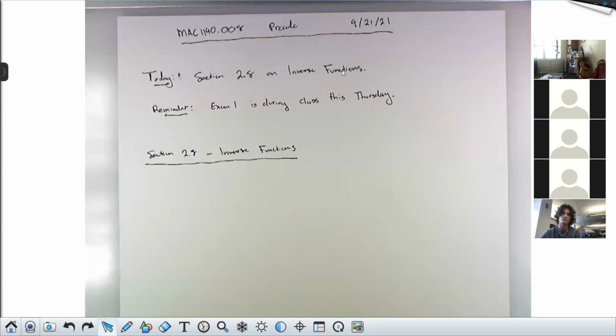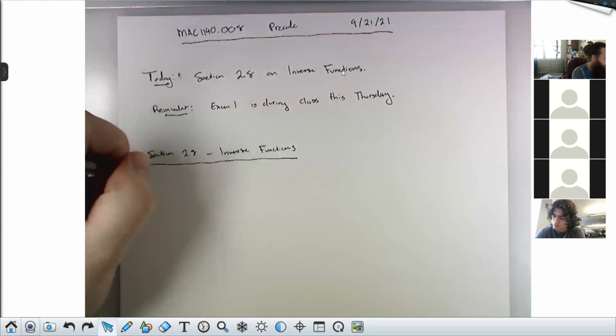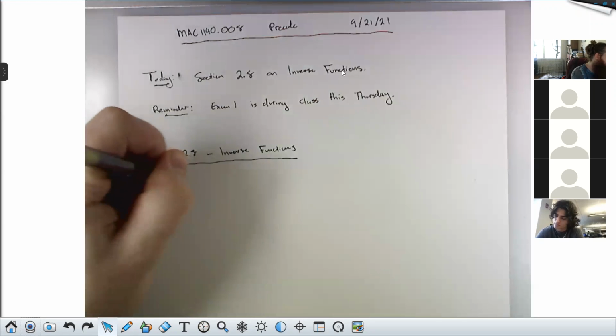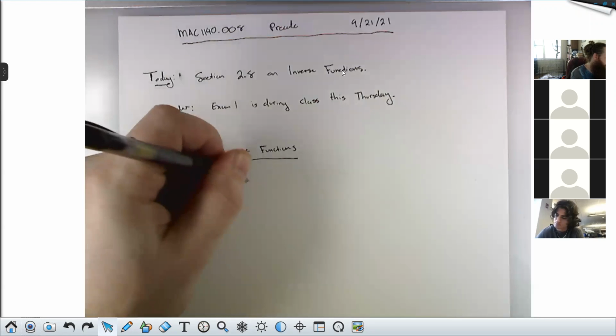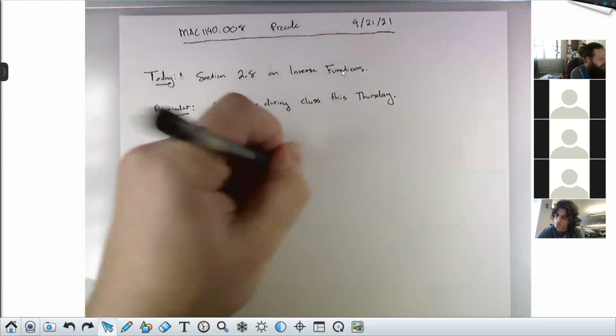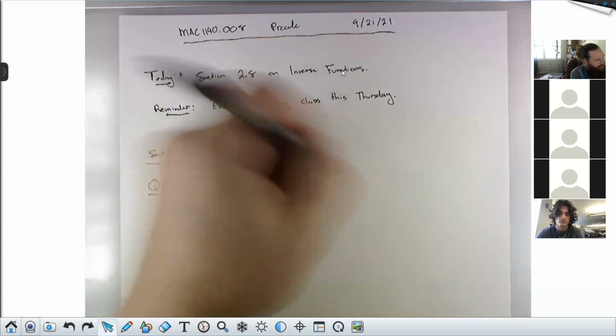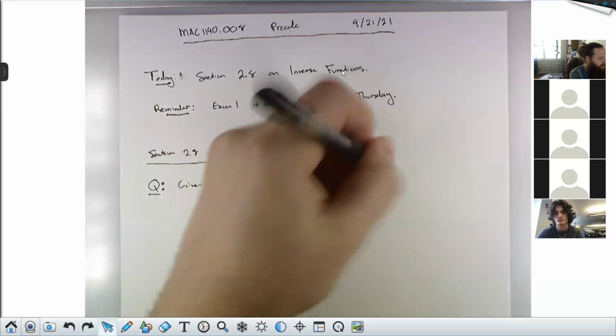So the big idea behind an inverse function, there's a couple ways you can try to understand this. The question that we're trying to answer, given a function f, can we find another function?